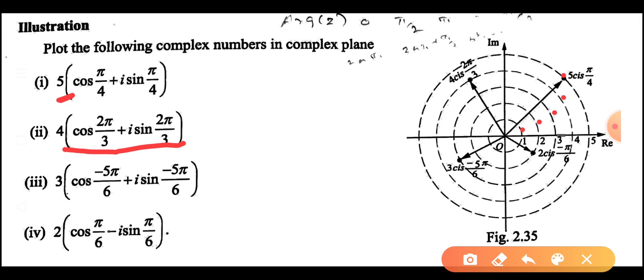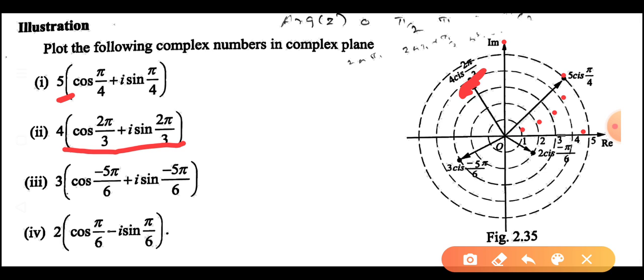Pi by 3 means how many degrees? Yes, pi is 180 divided by 3, that is 60, into 2, 120 degrees. Where does 120 degrees appear? This is 0 degrees, this is 90 degrees, then here is 120 degrees.